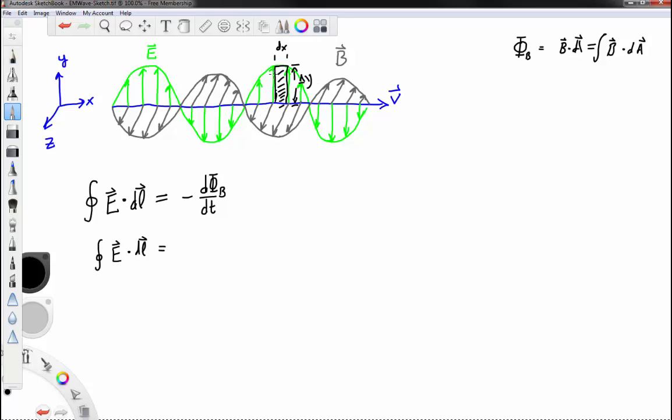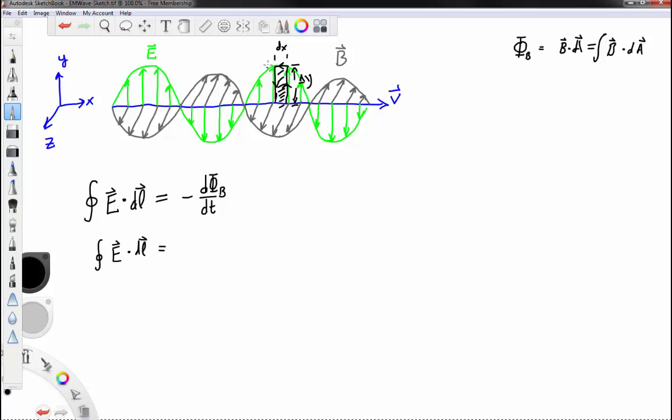Basically it will be this electric field dotted with this length minus this electric field dotted with this length, or vice versa. The reason is that if we go around this loop, it has to be this way here, and then this way here. We have to go around the loop.